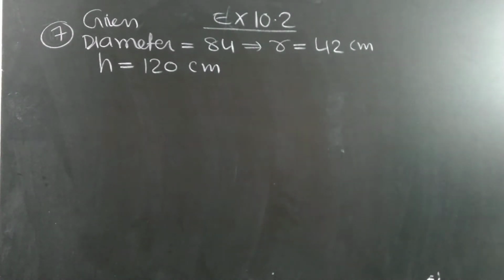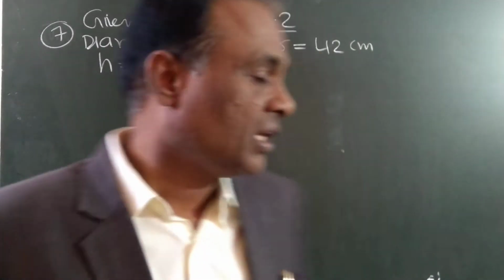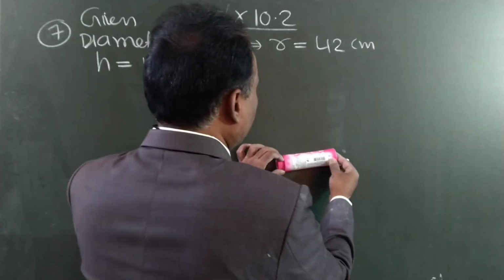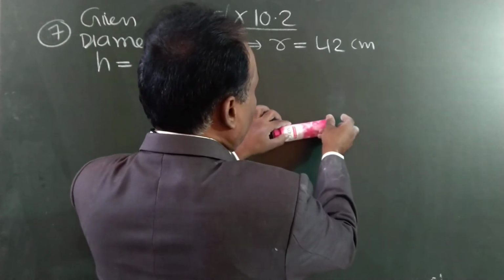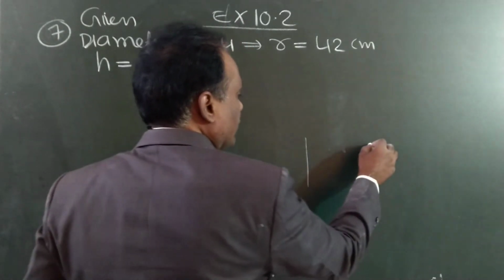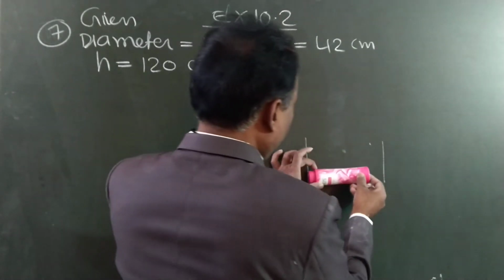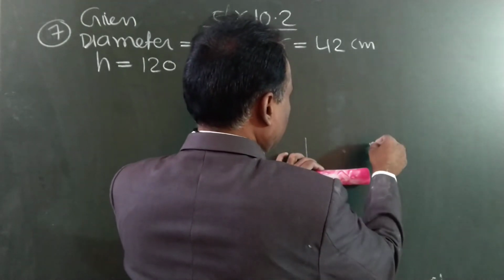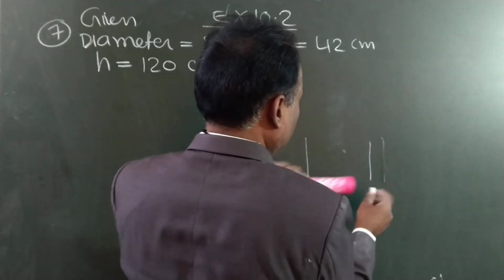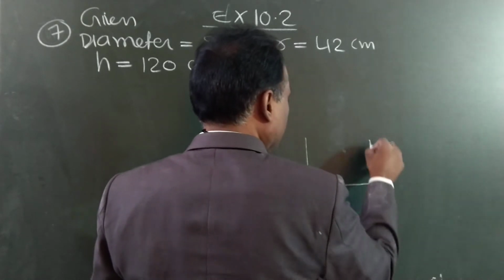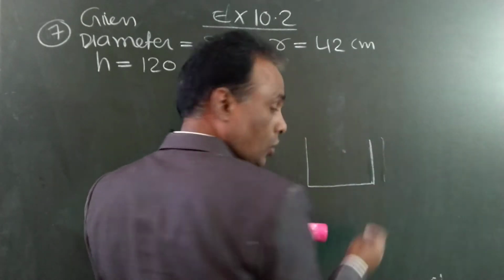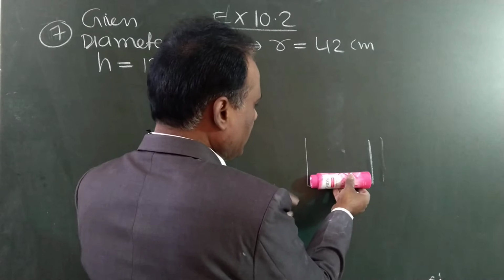What is asked? Suppose the roller moves one time, completes one rotation, how much area will it cover? See here, suppose it is a roller, a road roller or any roller. Started from here.